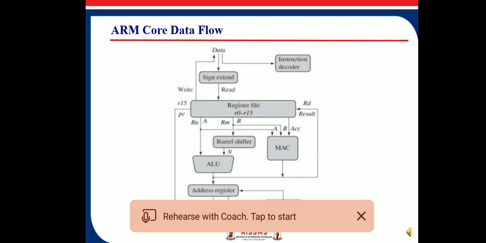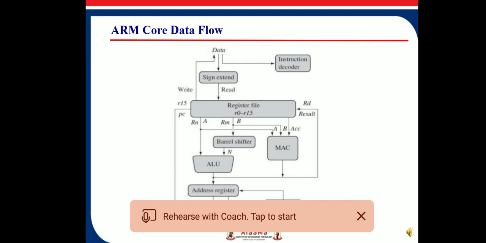Instruction decoder, which is shown there. This unit decodes the instruction opcode read from the memory and then the instruction is executed. Register file. The registers here are 32-bit registers which are used to store data. Sign extend. Here there is one more unit, the sign extend.